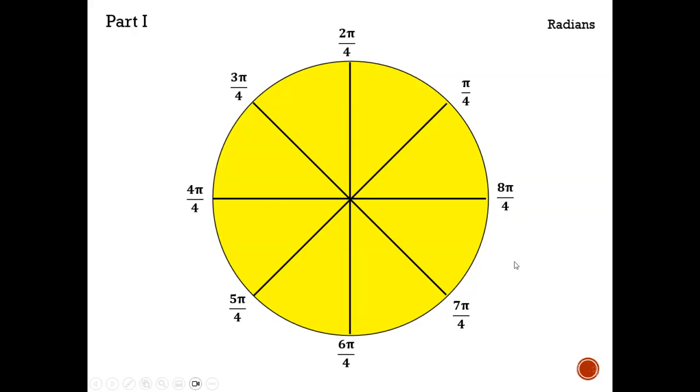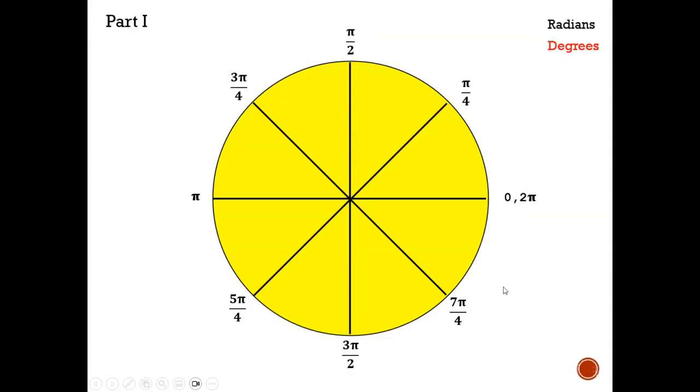Now we're just going to reduce the ones that are reducible. 2 pi over 4 is pi over 2, or 1/2 pi. 4 pi over 4, 4 over 4 is 1, so 1 pi. 6 pi over 4, 6 over 4 reduces to 3 over 2, so 3 over 2 pi. And 8 pi over 4, 8 over 4 reduces to 2 pi. So those are our radian values for the angles.